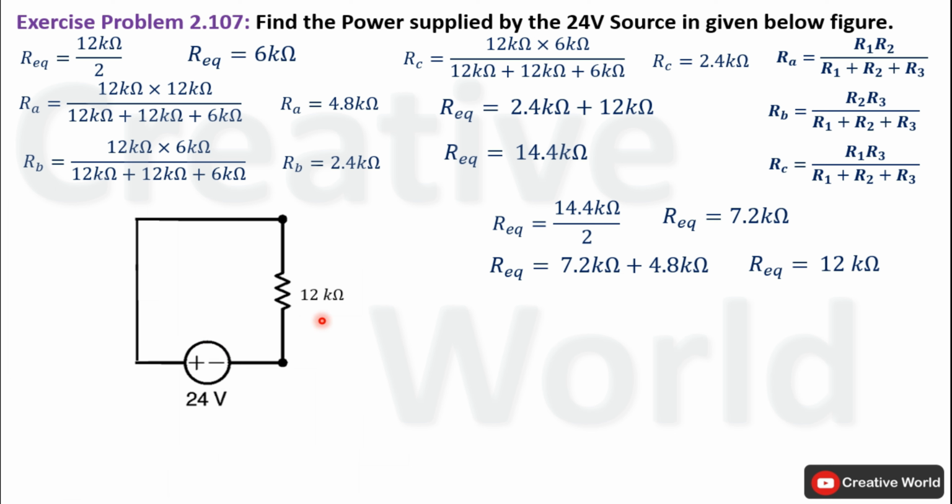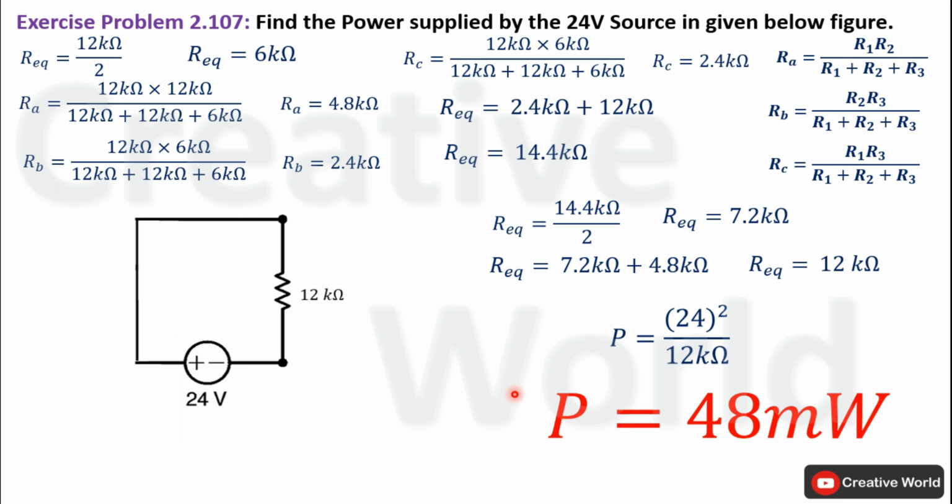For that purpose we will use the power equation V square divided by R. In this case V is 24 volt, so take its square, and R is replaced with the equivalent resistance of the network, that is 12 kilo ohm. So the value of total supplied power through this 24 volt source will be 48 milliwatt.